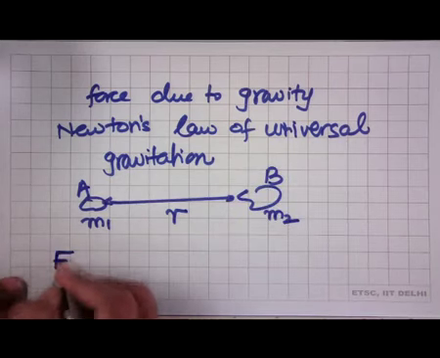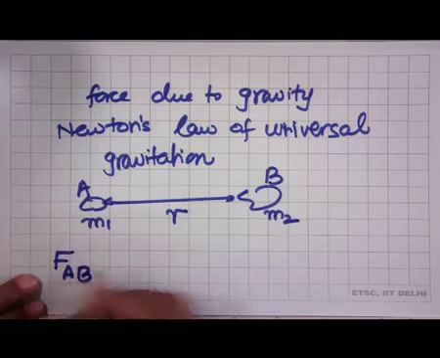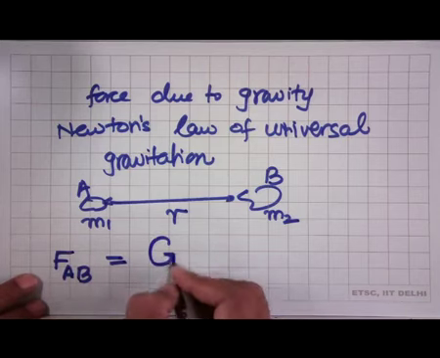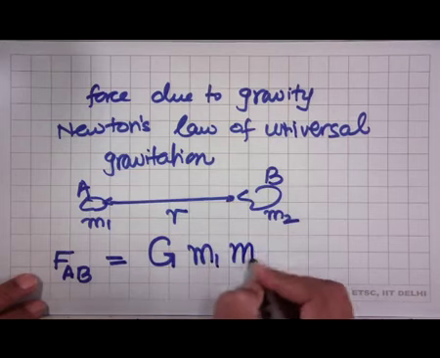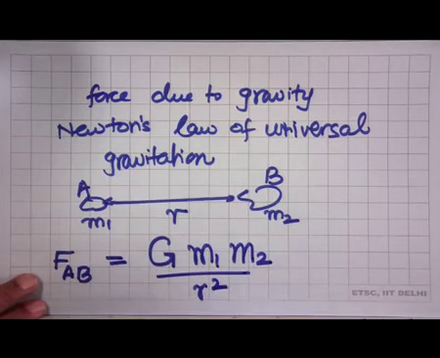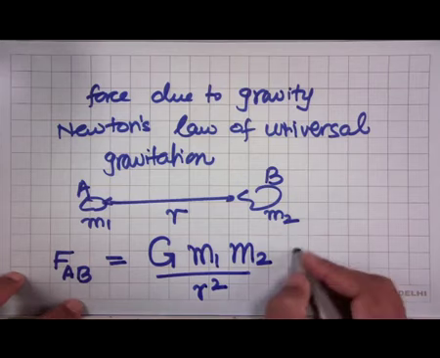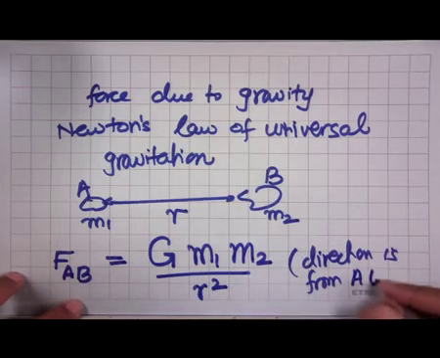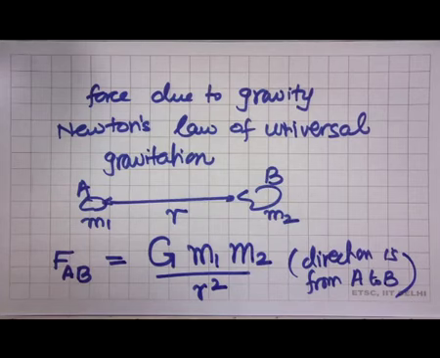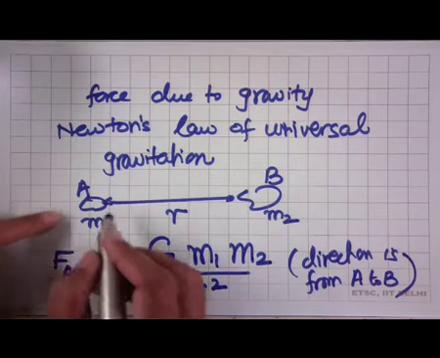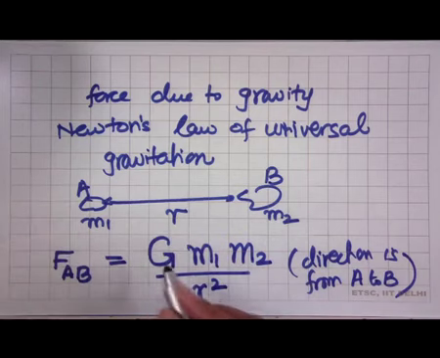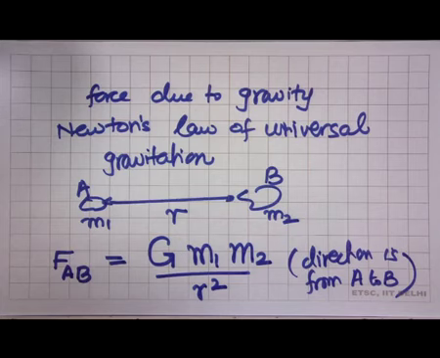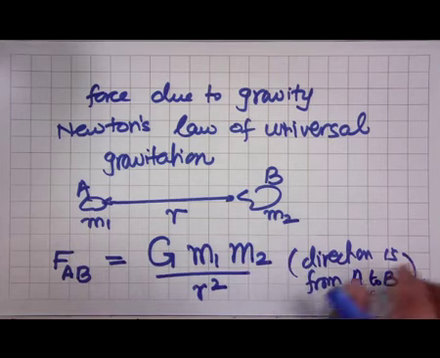then the force on the body A due to body B is given by capital G m1 m2 upon r square. This is the magnitude of the force and the direction is from A to B. The force on body A, the first subscript represents the body on which the force is acting. m1 is the mass of body A, m2 is the mass of body B, r is the distance between these two.